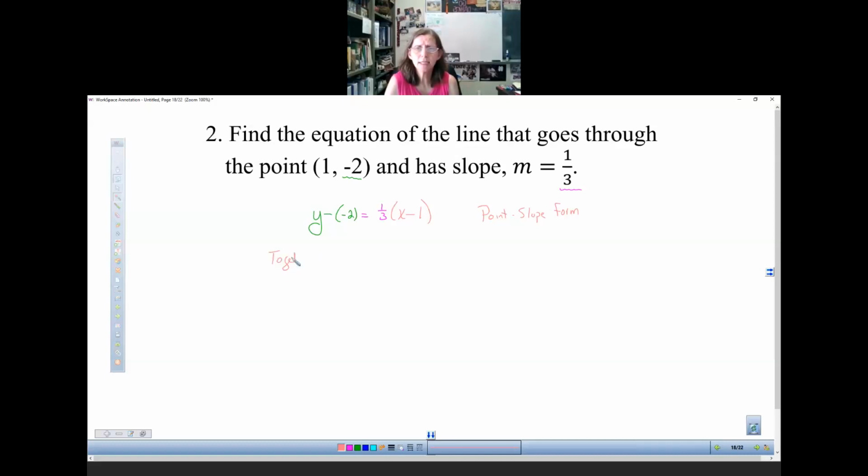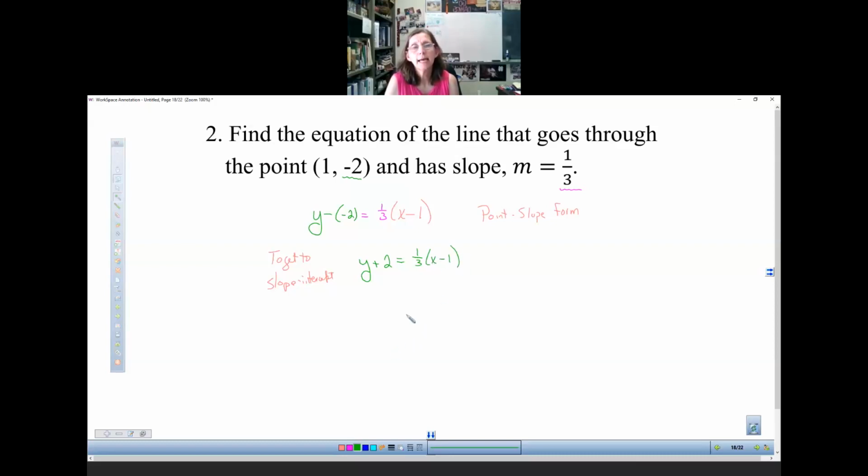So to get to slope intercept form, we want to do the following. We do want to clean this up, okay? The first thing we're going to do is clean this y minus stuff up. So we're going to make this y plus 2 equal to 1/3 times x minus 1.